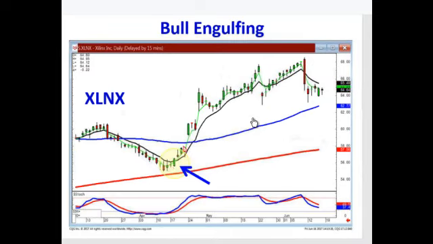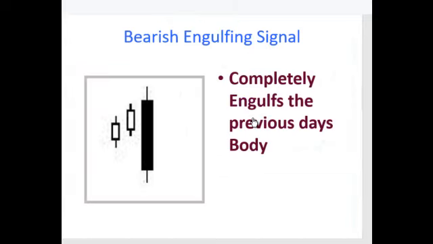Little left-right combo, which we'll get to. Strong buy signal, strong sell signal. The bearish engulfing, which we'll get to. The bearish engulfing signal obviously is the opposite of the bullish engulfing signal.